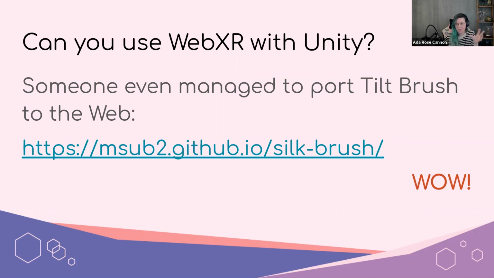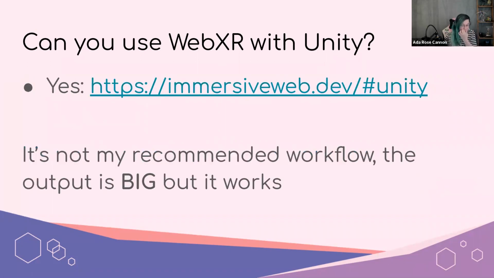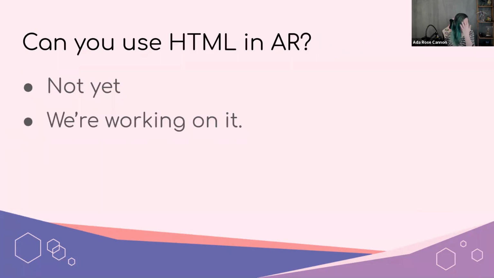The builds are a little big and there is a loading bar, but it does work. So if you are a Unity developer, give it a go. See if you can ship something to the web. I'm always happy to see stuff, and please, if anyone does build anything, show me. I love seeing the stuff people build with this.